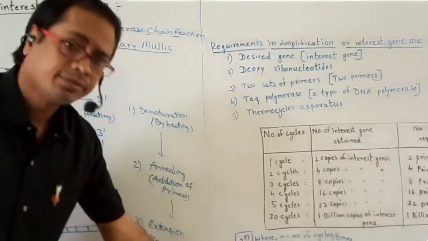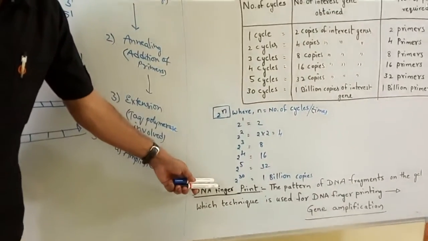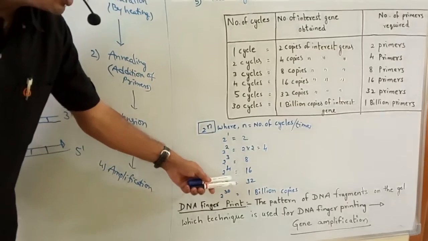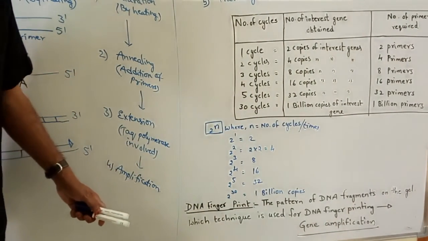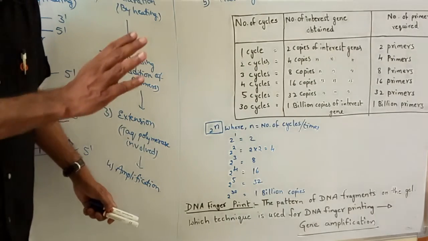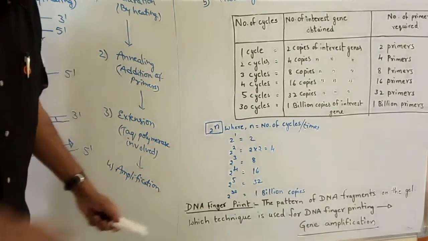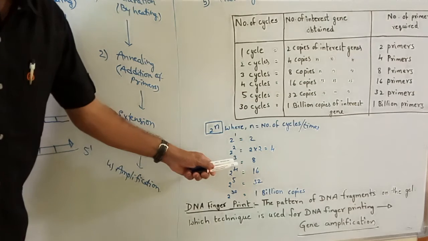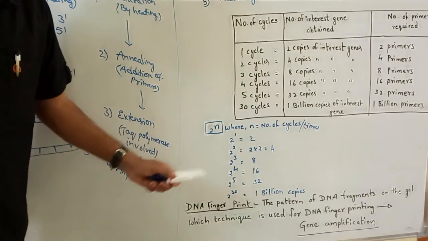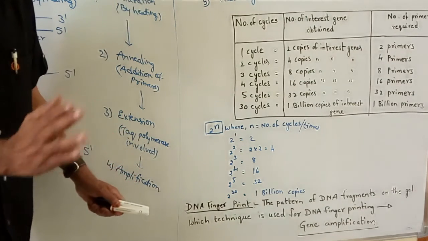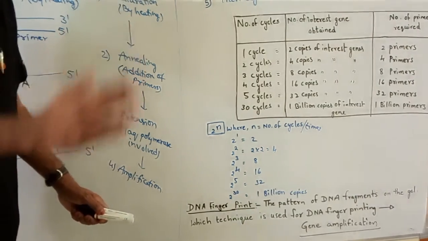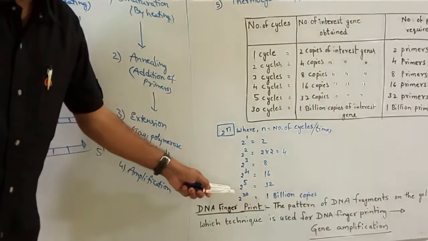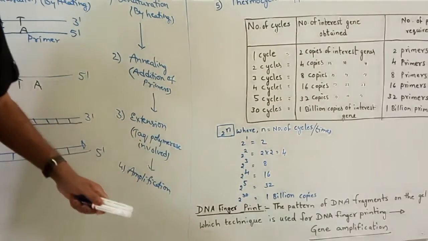And finally, look at here, my dear students. DNA fingerprint. The pattern of arrangement of DNA fragments on agar gel is called DNA fingerprinting. Which technique is used for DNA fingerprinting?